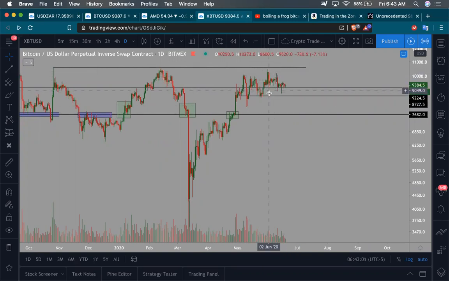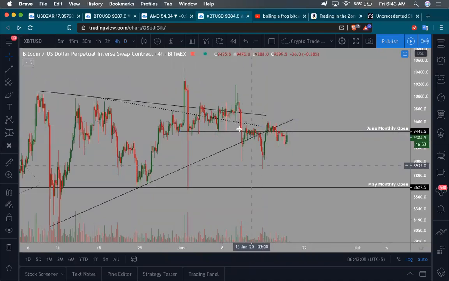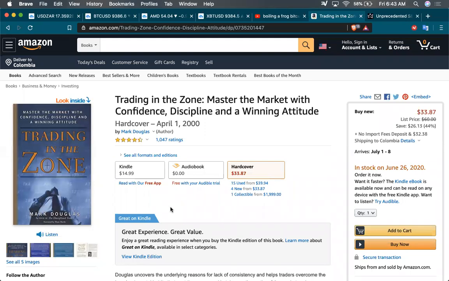So to identify these thought processes that you see from people talking about more upside or the market is boring them to death, I urge you guys to read this book. It's called Trading in the Zone.